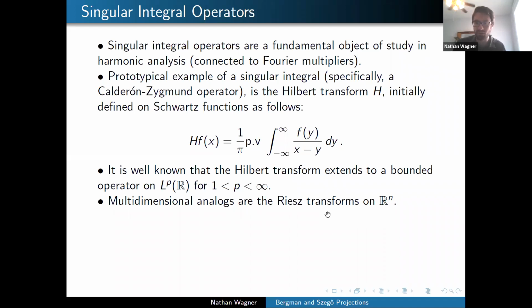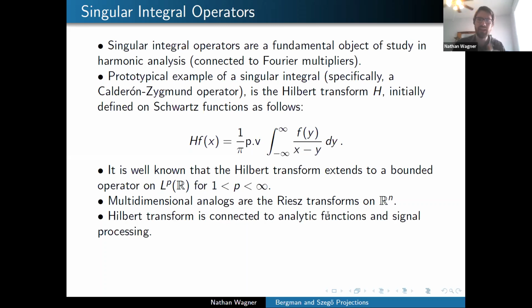I didn't write down the definition of those, but it's what you would expect. And the Hilbert transform is connected to analytic functions because whether you do it on the line or the circle, it basically gives you the harmonic conjugate. It's also connected to signal processing. So this is a very, very important operator. That's a singular integral.